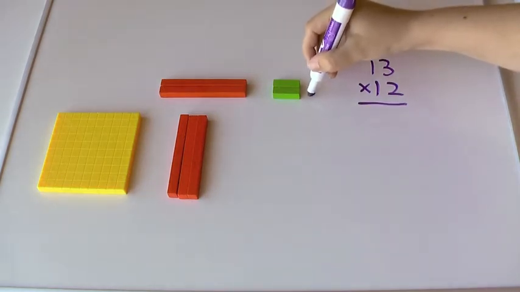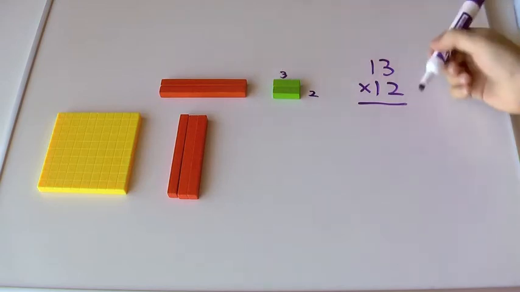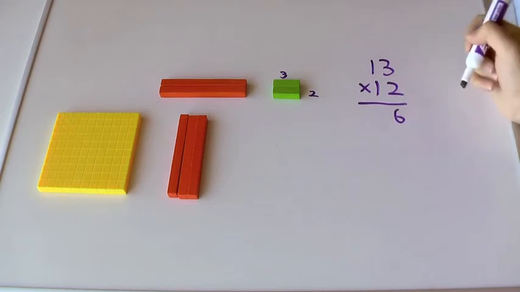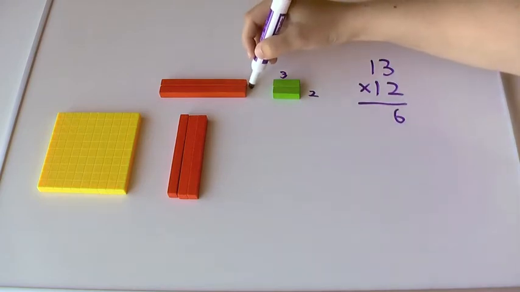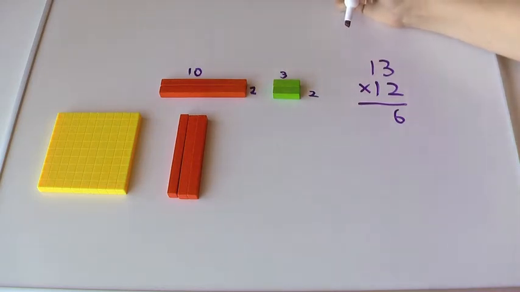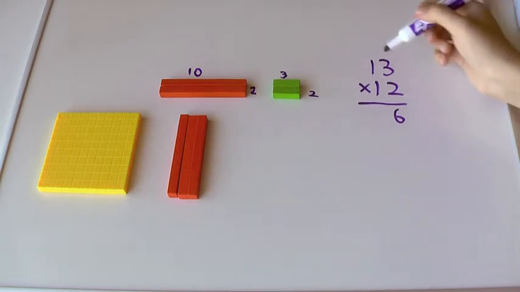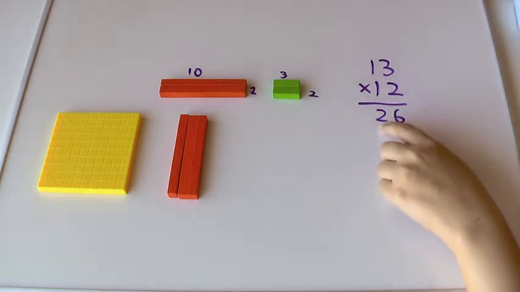Well, hey, look at that. 2 and 3 on that side. 2 times 3 is 6, right? Then we do 2 times 10. Oh, look here. 2 times 10 is 20. So we then are going to put our 2 right there to represent 2 tens.